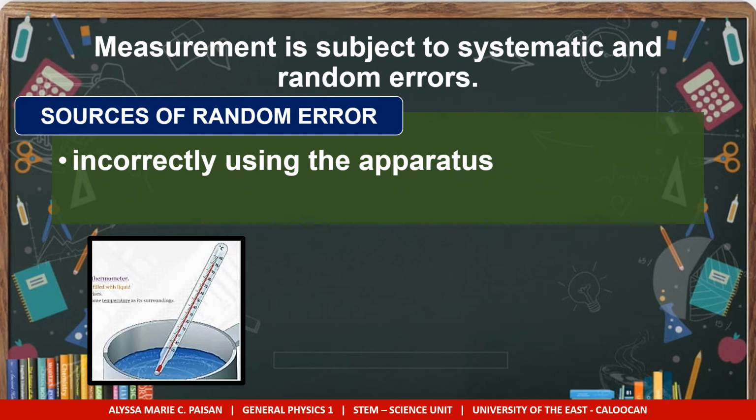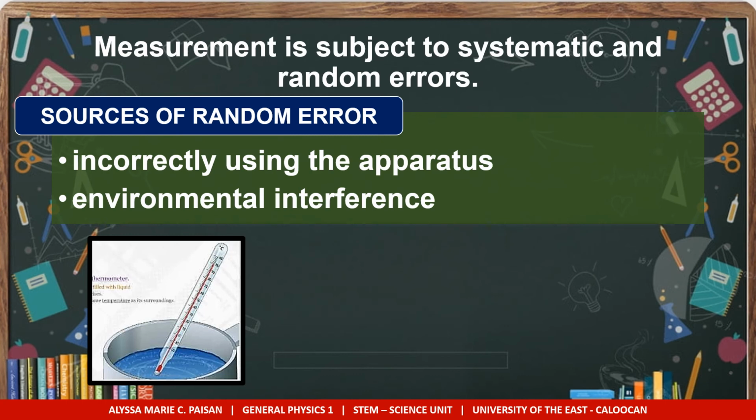In that case, the tip of the thermometer touches the bottom of the container. So instead of measuring the temperature of the water only, you are actually measuring the temperature of the bottom of the container. So it defeats the purpose. You were not able to use the apparatus correctly by measuring the one that you're supposed to measure. Instead of measuring the water temperature, you measure the container's temperature.